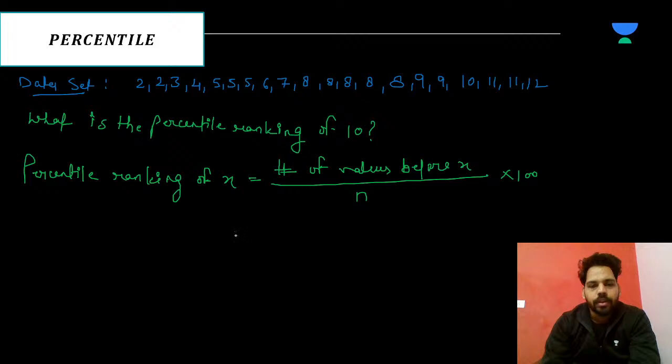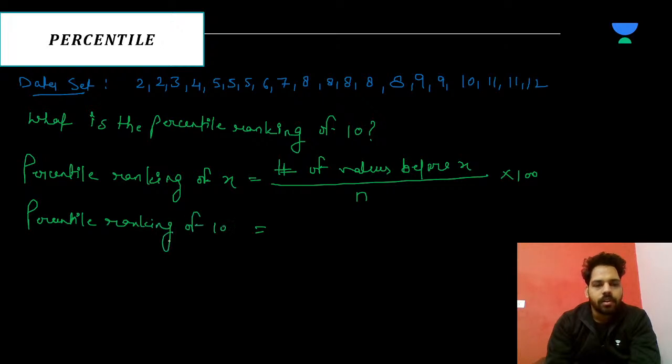So let's check over here. If I take out the percentile ranking of 10, we need to use 1, 2, 3, 4, 5, 6, 7, 8, 9, 10, 11, 12, 13, 14, 15, 16.